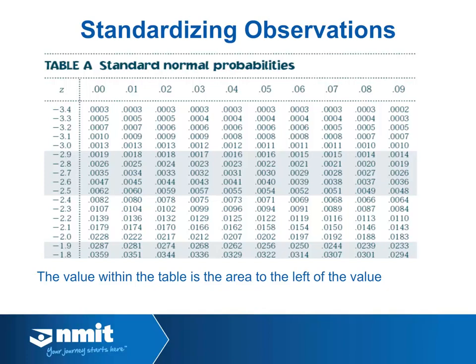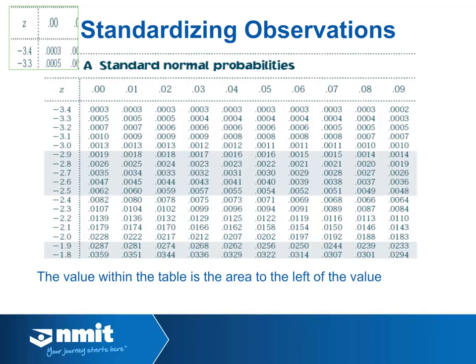So using -3.40 as an example, the number that corresponds to it is 0.0003. That is the area to the left of that z-score. And remember, with a normal distribution, an area converts to a proportion of values. So 0.0003 as a proportion of the values are found to the left of this number.